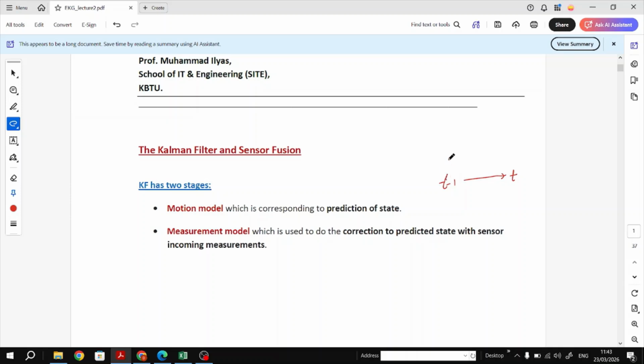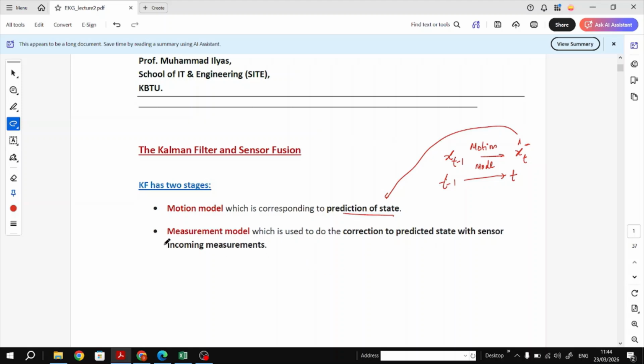If your state at time t minus 1 is x_{t-1}, you predict it forward in time using the motion model, and you get your state at time t, which we sometimes express as x hat minus, with a dash. This shows that it is the predicted state.